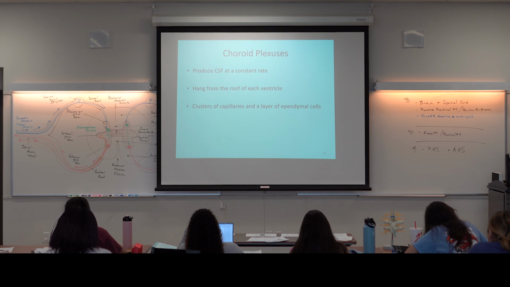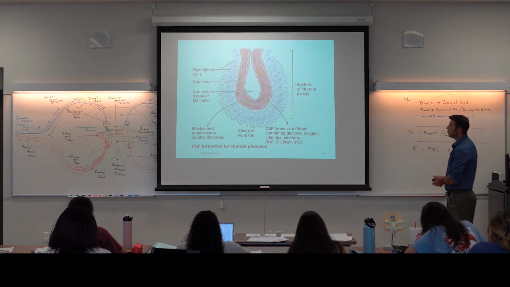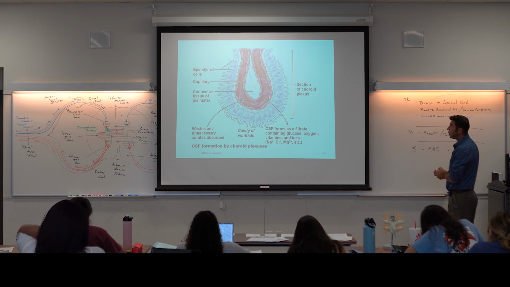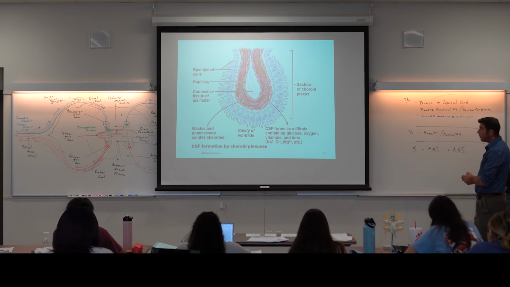We talked about the choroid plexuses being located in each of those ventricles. They're a bed of capillaries that leak out that cerebral spinal fluid. And you can see they are lined by those ependymal cells. Those ependymal cells do not produce the cerebral spinal fluid. That's just selective blood plasma that's leaking out of these capillaries.